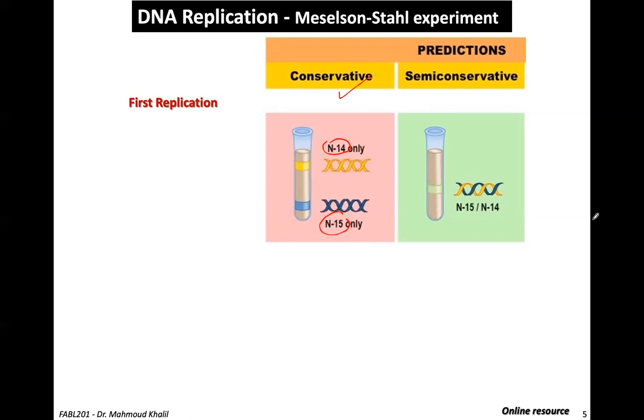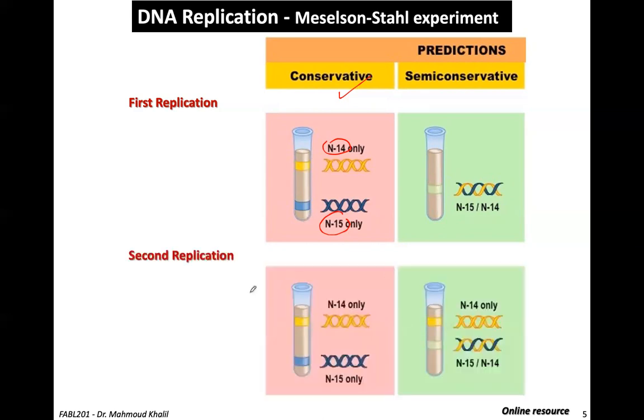Some of the DNA will migrate heavier than the N14. But if you have a semi-conservative mechanism, most of the DNA will actually consist of a mix of N15 and N14, and it will migrate in the density gradient in a region between the light and the heavy.